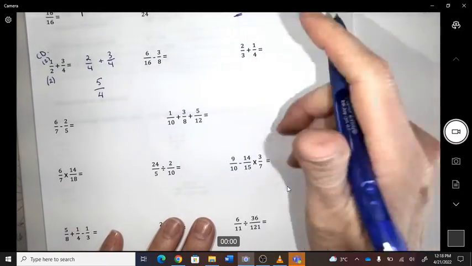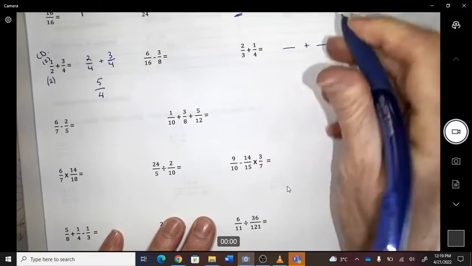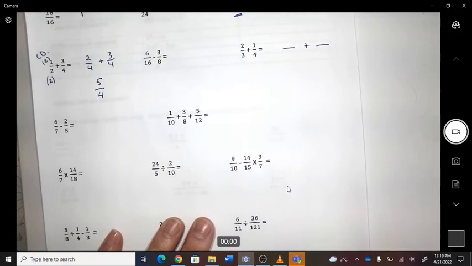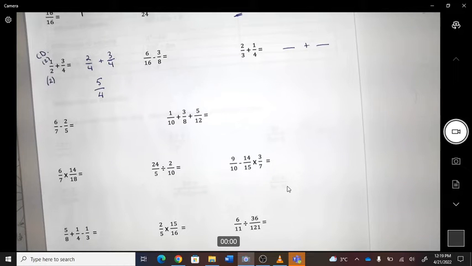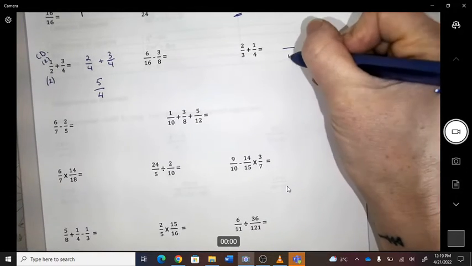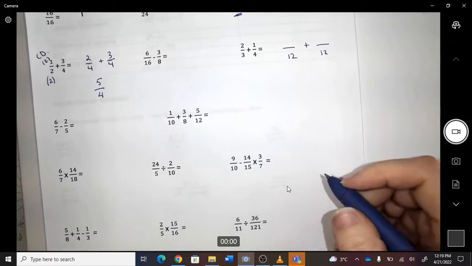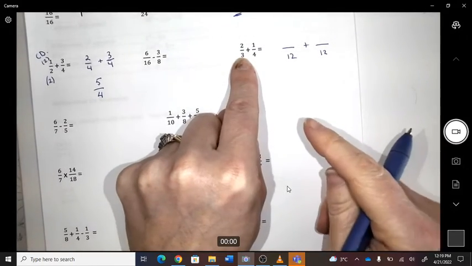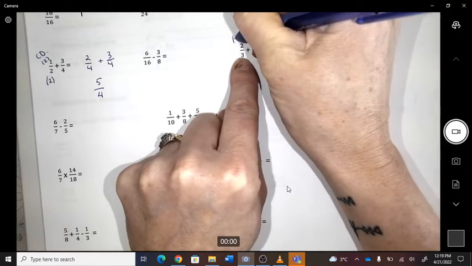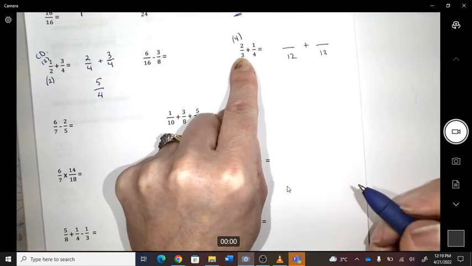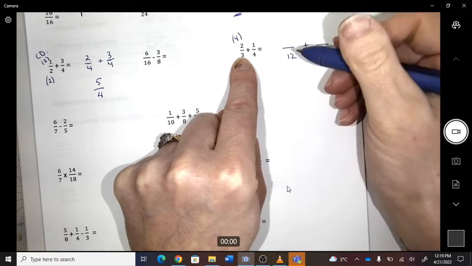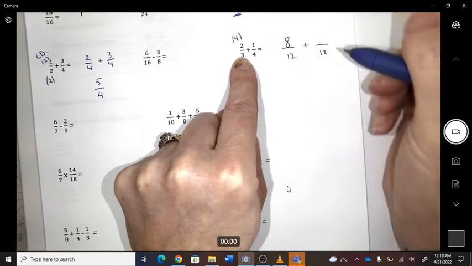Okay, this one, I need to pick a number that I can turn them both into. So a 3 and a 4, what could I change them both to? 12. So how did I change this 3 to a 12? Times it by 4, which means the top would become an 8.